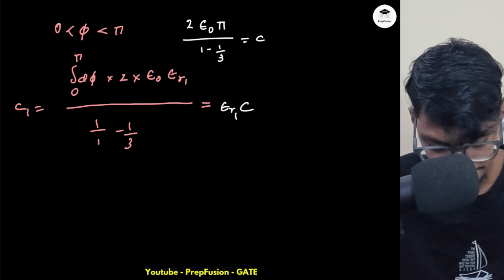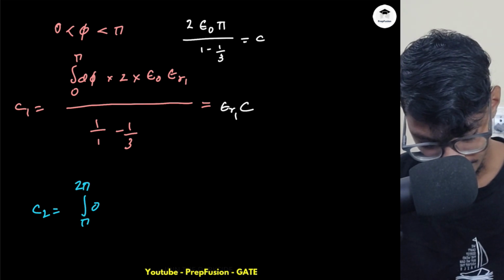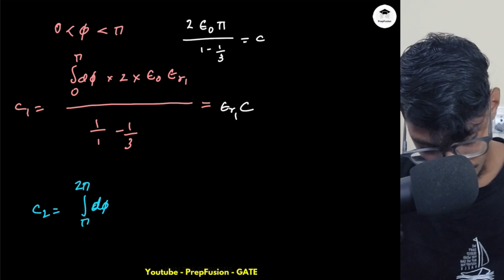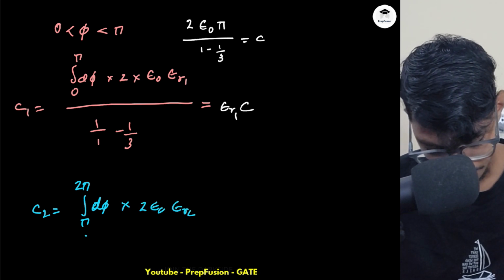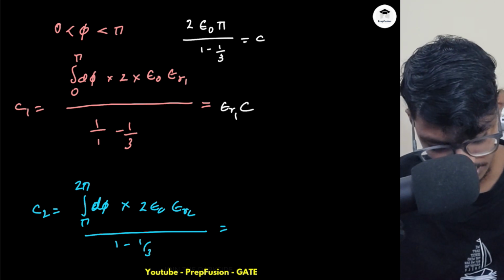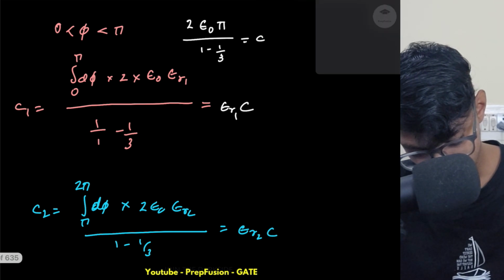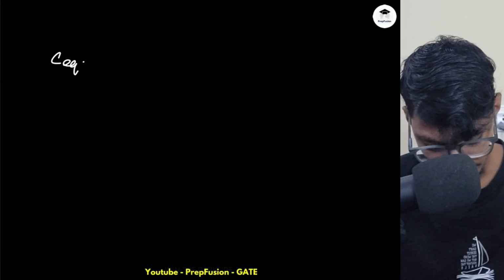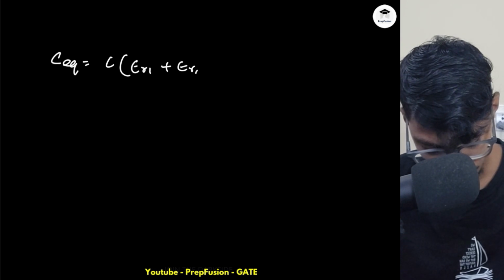What about my C2? C2 will be same, from pi to 2 pi d phi into 2 epsilon naught. This time it will be epsilon r2, and this radius in the bottom will be same, 1 minus 1 by 3. So this is simply epsilon r2 into C. So my C equivalent is C into epsilon r1 plus epsilon r2.